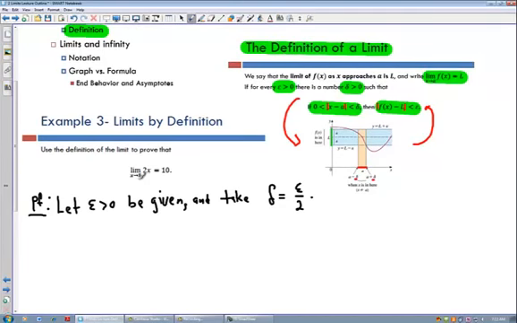And again, I'm trying to prove why this is true. Now I know if you plug in 5, you get out 10, so we already know that. But using the definition, I want to show why this is actually equal to 10.